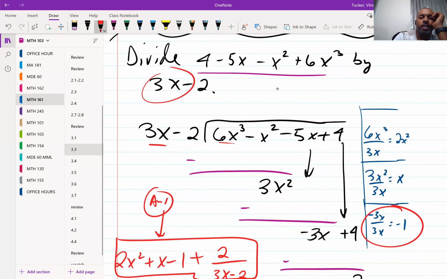But here, this is written in descending order. So it's best to just write all of it in descending order, and that's what we did right here. So we have 6x cubed minus x squared minus 5x plus 4. Notice that whatever's positive stays positive, whatever's negative stays negative, as far as rewriting the order.